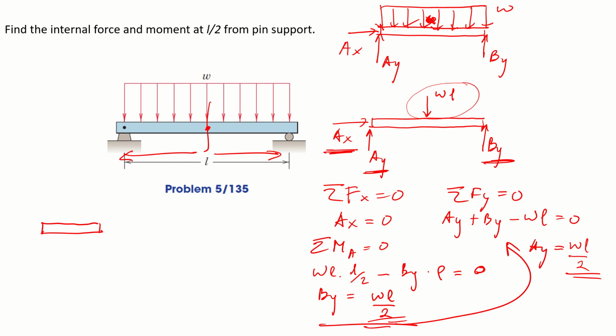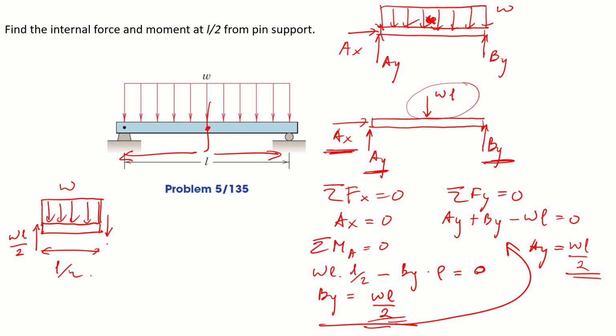What we will have here is w. The length here will be L per 2. What else? The reaction force, Ay equal to wL per 2. As usual, I will assume the direction of the internal shear force and the direction of the internal moment positive.